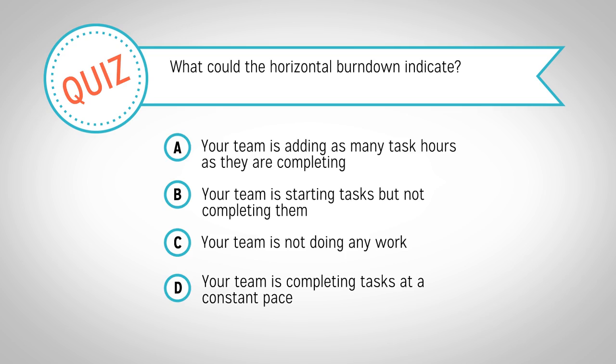A horizontal burndown, also known as a burn across, can be common and dangerous. Answers A, B, and C all represent things that a burn across could indicate. Therefore, answers A, B, and C are all correct. A burn across shows that your team is not completing tasks. Therefore, D is incorrect.